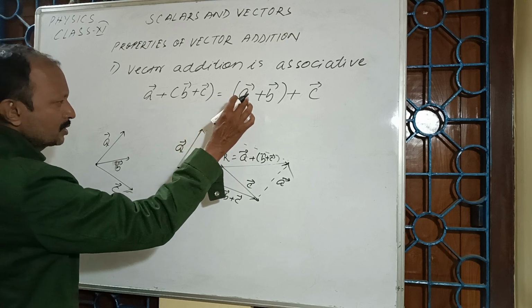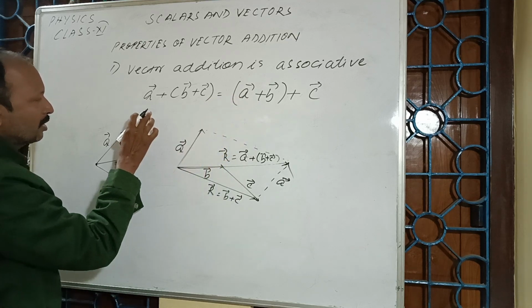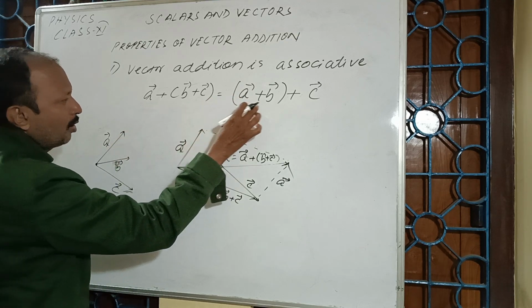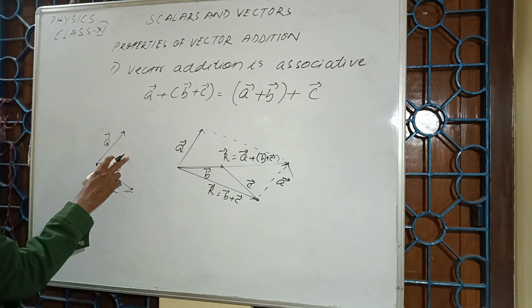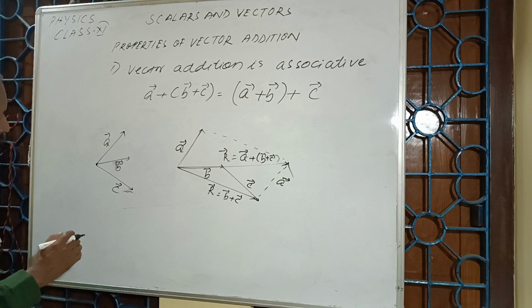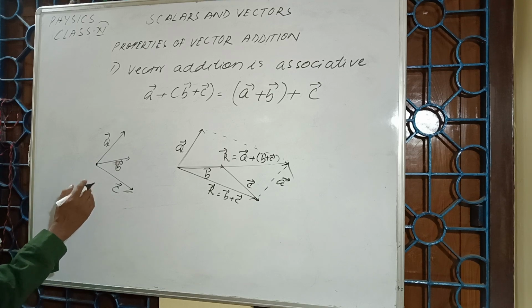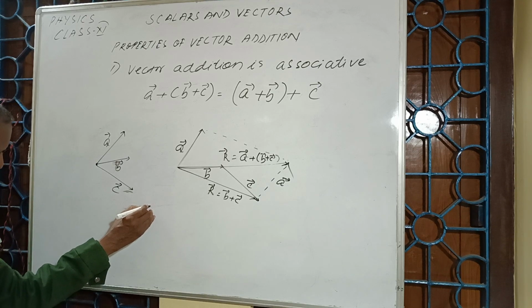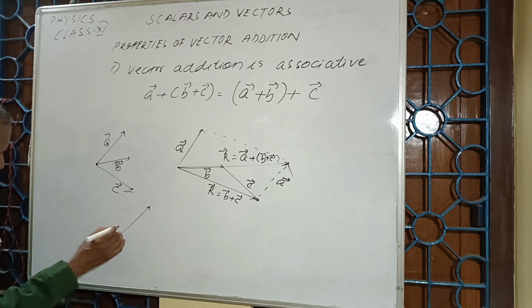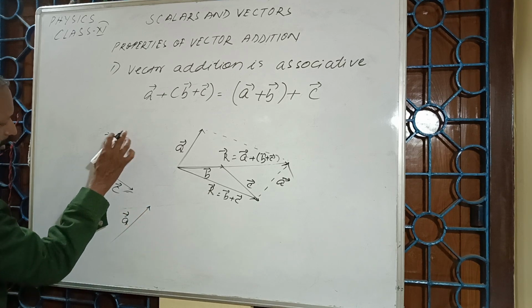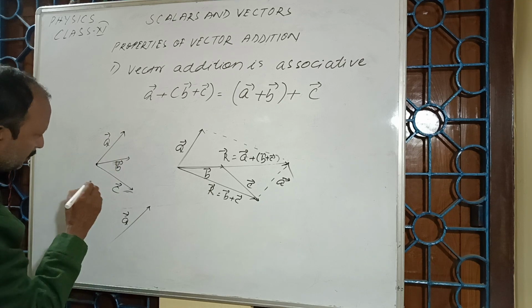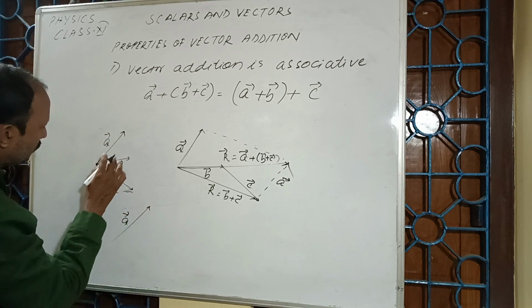Now let us see this case. So this is the matter of the left side. Now we go to the right side. This is A, this is B. Now what I am doing, this is the vector A. Now I am shifting this B to this place.